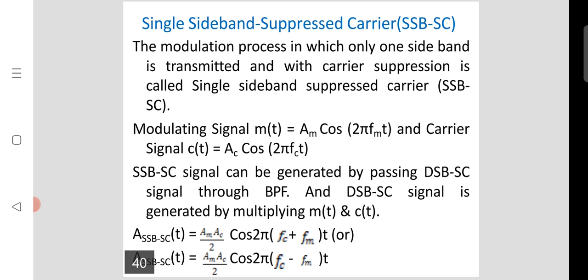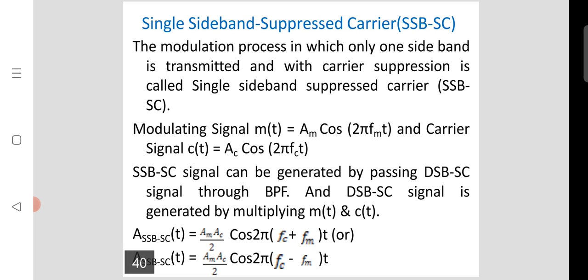Why do we go for DSBSC? Because in DSBSC, we suppress the carrier to reduce the transmitted power. So we observe the power relations of DSBSC.